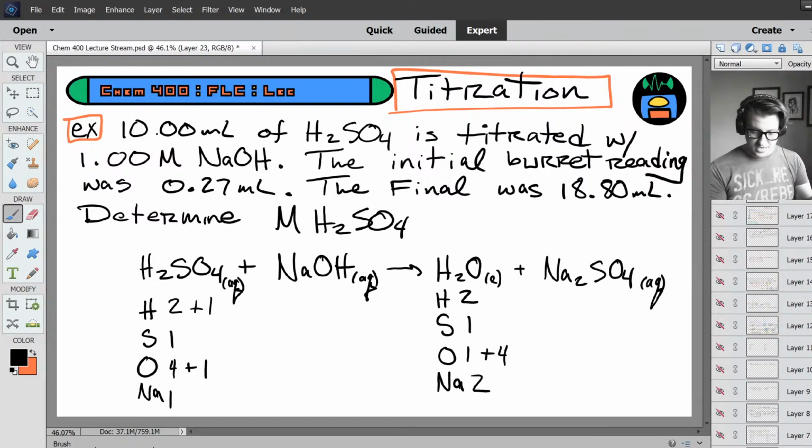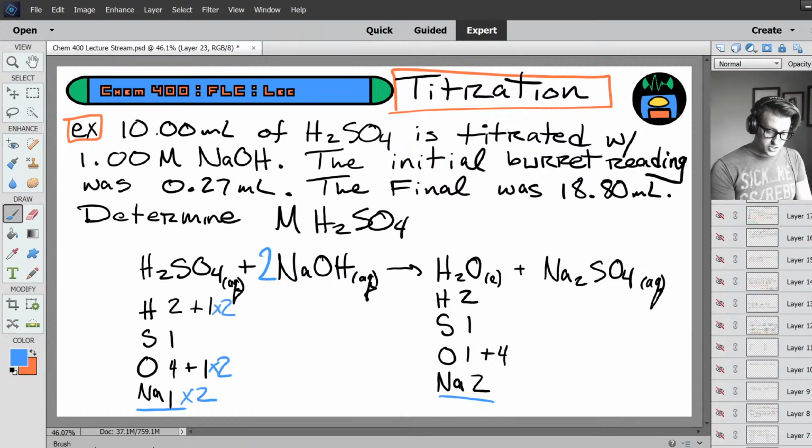Now when I look at what's out of whack in this situation, sodium jumps out and it looks easy enough to solve. So let's go ahead and multiply sodium hydroxide by 2. So sodium balances out. Now I have 2 oxygens coming from sodium hydroxide as well as 2 hydrogens.